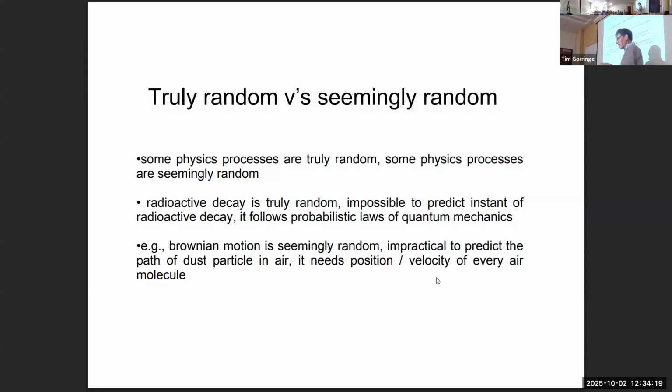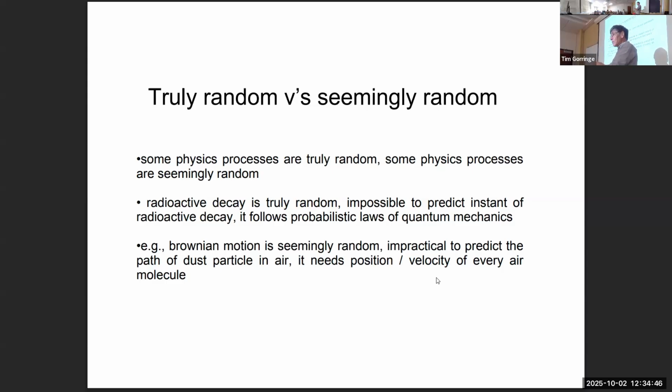And classic examples of those two are radioactive decay. Radioactivity is a truly random process. Radioactive decay obeys quantum mechanical laws, and it's truly a probabilistic process and a random process.